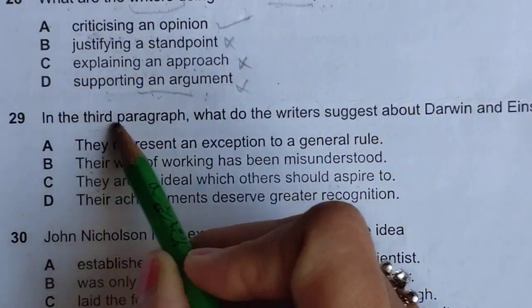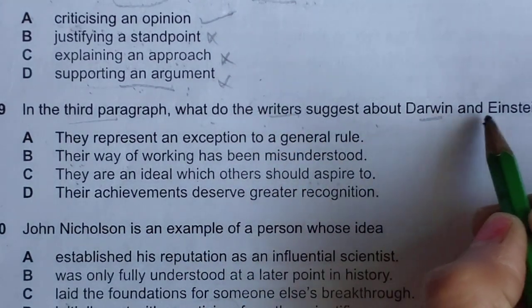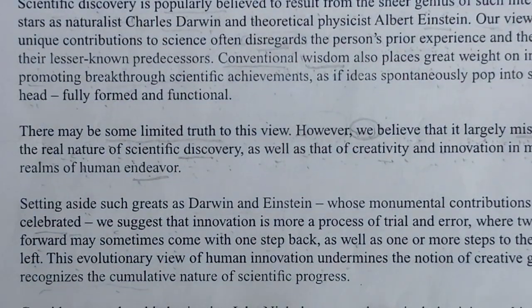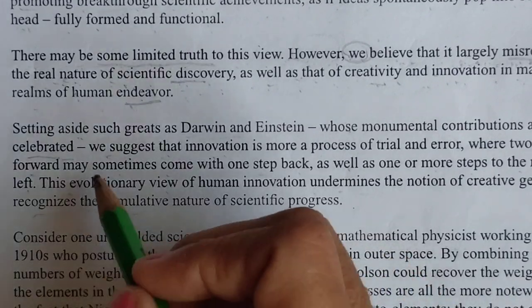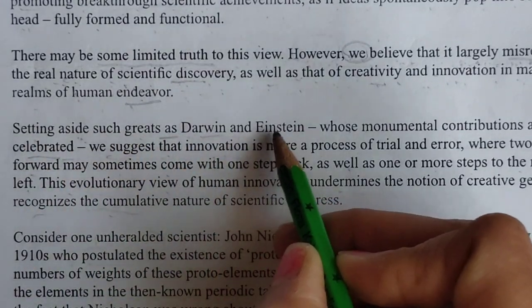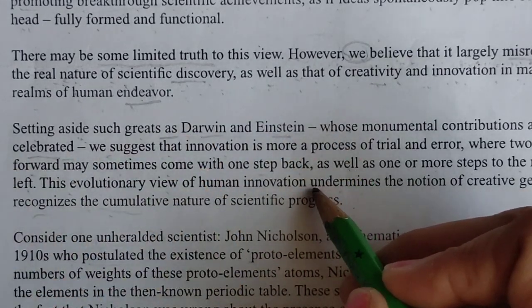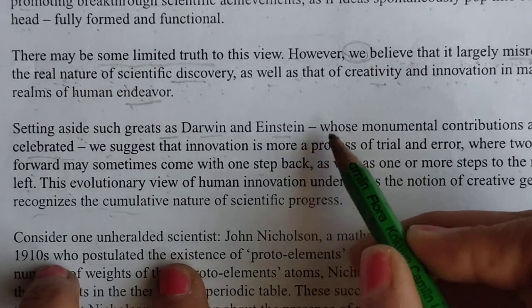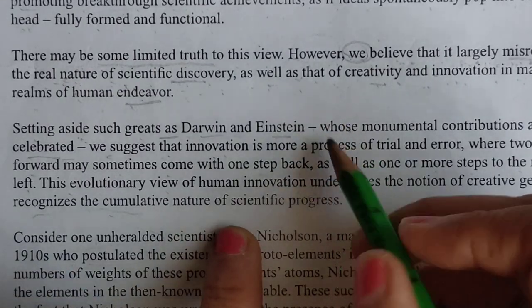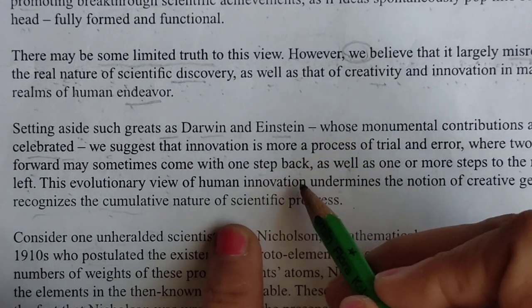29th, in the third paragraph, what do the writers suggest about Darwin and Einstein? This is the third paragraph. Setting aside such greats as Darwin and Einstein. So here, for solving multiple choice questions, there is no trick. You need to read the paragraph, and then you will match the options.